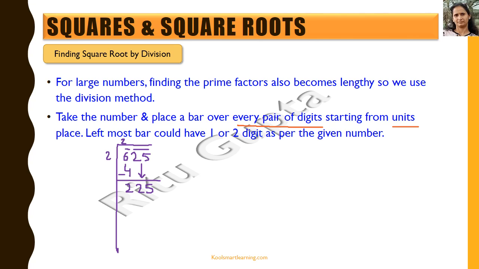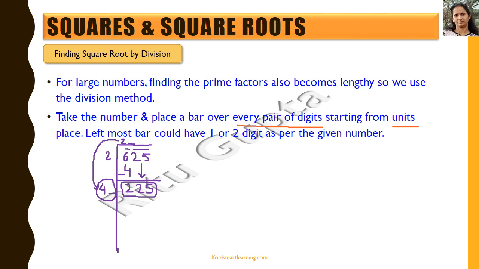Now we'll take double of the quotient, which is 4, double of 2 is 4, and we place a blank beside 4 and in the quotient. Now there's a single digit that needs to be placed at both places, and we find that digit in such a way that if it is multiplied by this number, the result should be either equal to or less than the number which we have over here.